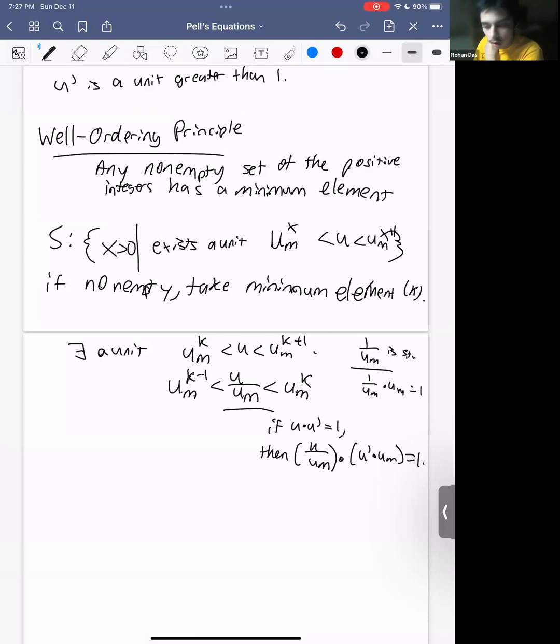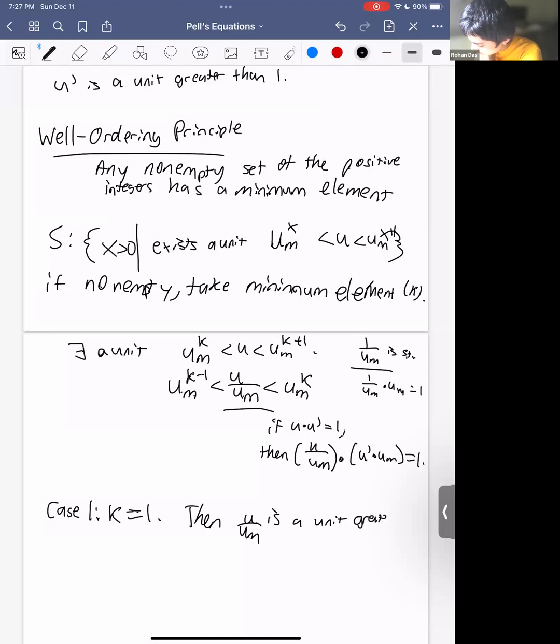And now we have two cases. Case 1 is k is equal to 1. Then we have a violation of the minimality of u_m, because then u over u_m is a unit greater than 1 and smaller than u_m.